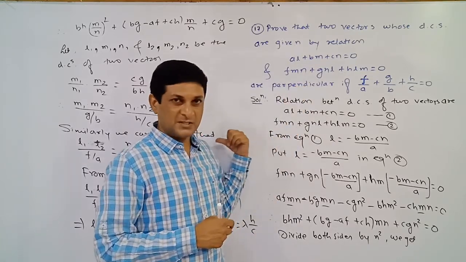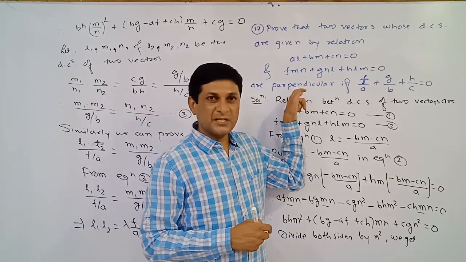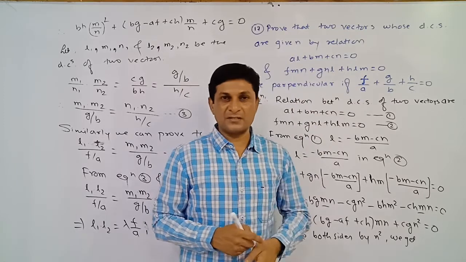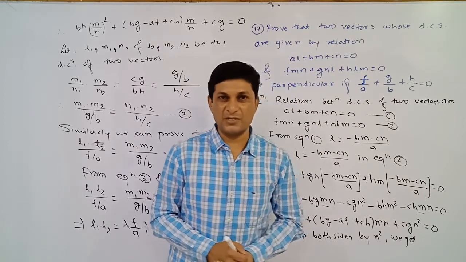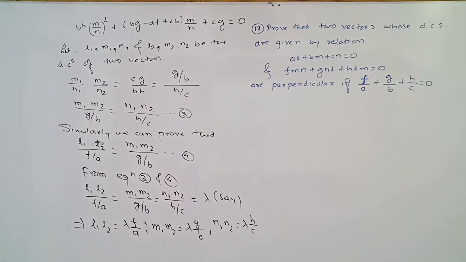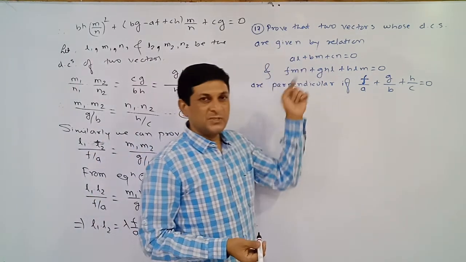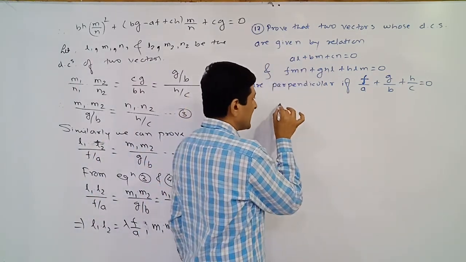Using this we have got this result. Now we are using the condition that the given two vectors are perpendicular to each other.